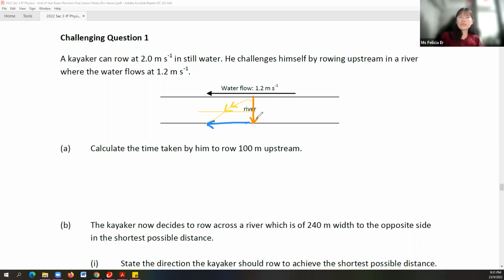So actually you should be rowing vertically instead. Then with the water pushing you, this will be your resultant faster speed. Okay, so can you draw this in now? There's a lot of space, right? Just now you drew on the right, maybe you can draw on the left now. So this will be how you deduce the fastest speed. Okay, so you should be done drawing, right? Because it's just 3 simple arrows, so I shall move on.